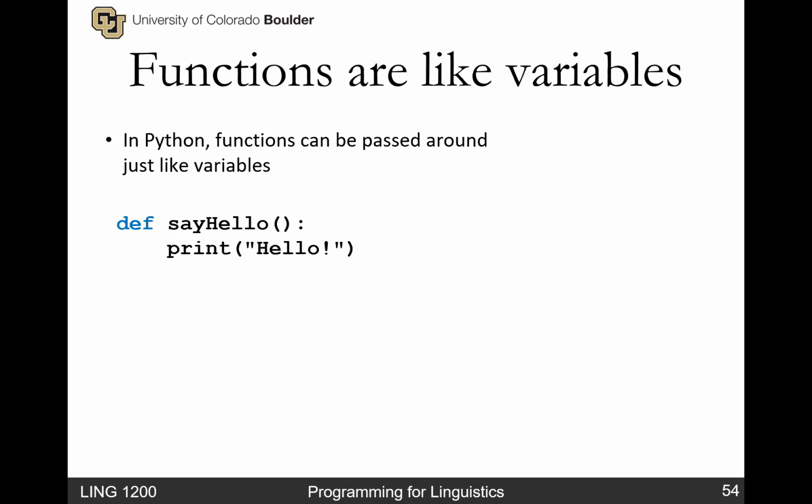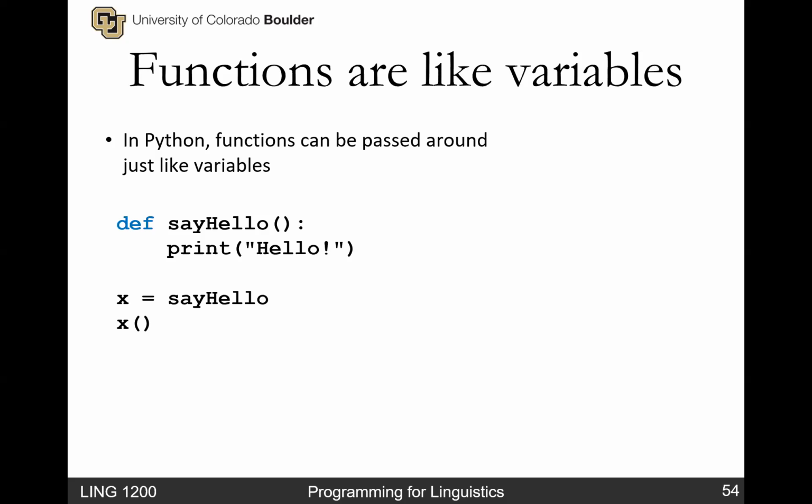So if we have this function definition, say hello, which prints hello, we can take that function name, and just like any other variable, we can assign it to another variable, in this case, x. And then we can pass this thing around, we can do things with it, and when we want to call it, we simply pass the arguments to it. So in this case, there's no arguments, we just put those parentheses.